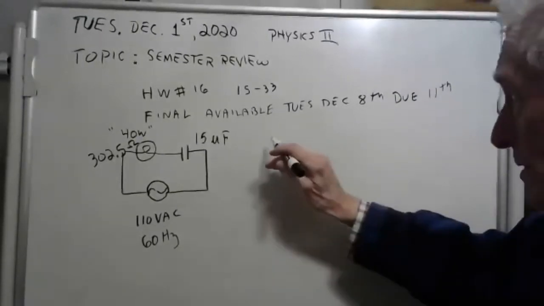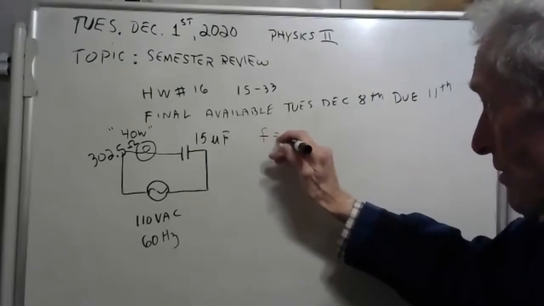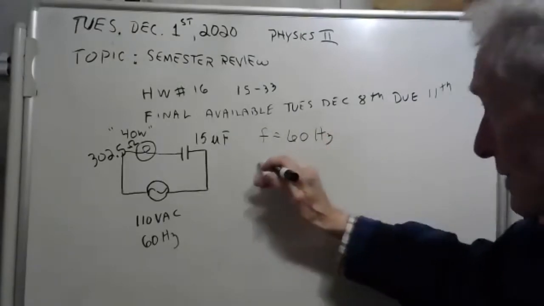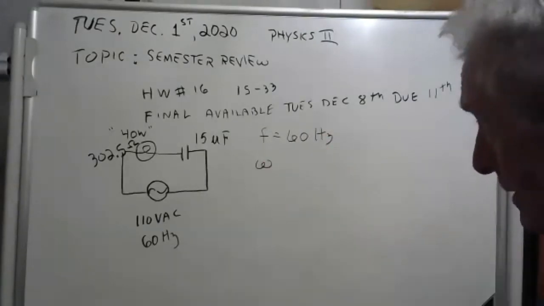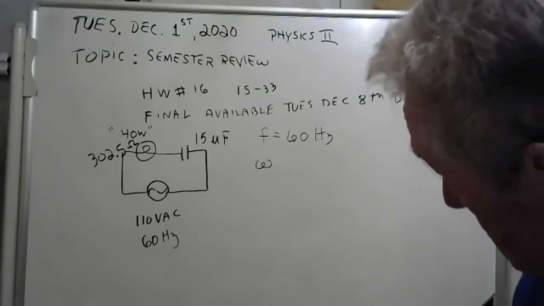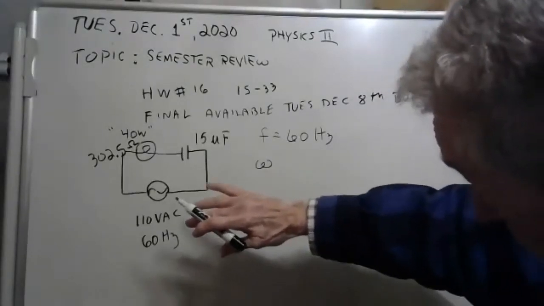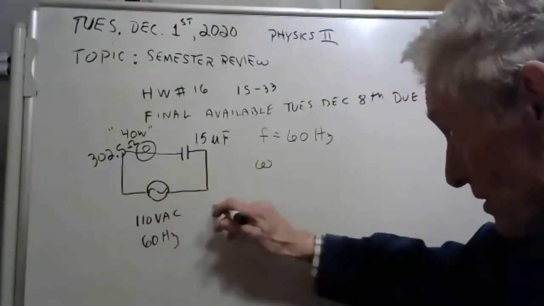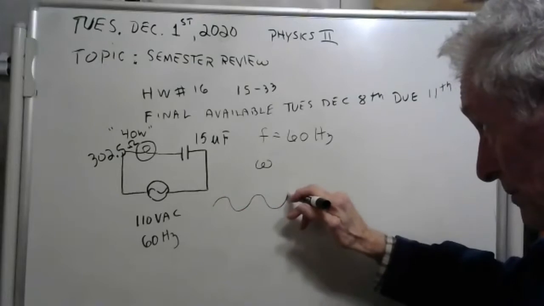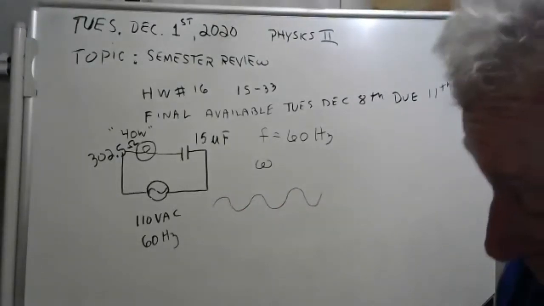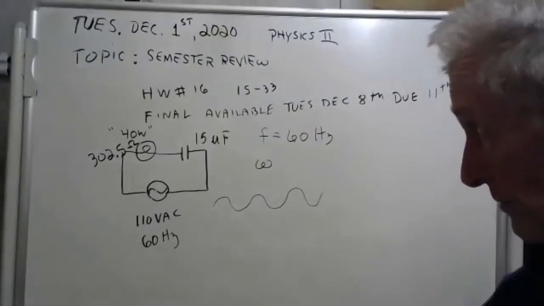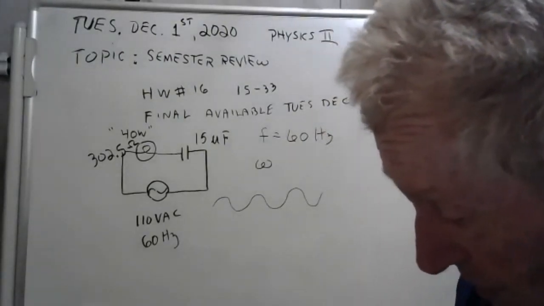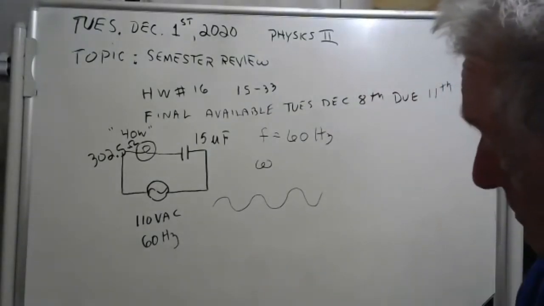Now we know the frequency is 60 hertz. But we're going to need the angular velocity. I want you to find the angular velocity. See, that's what this represents here. This represents a sinusoidal voltage that can be expressed as an angular velocity.